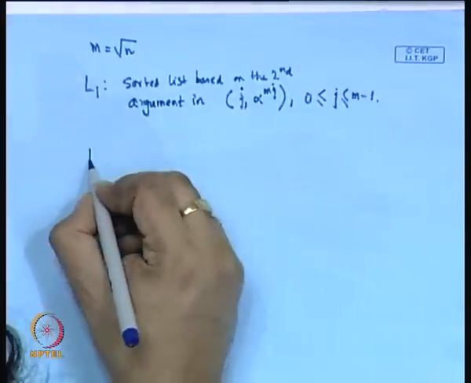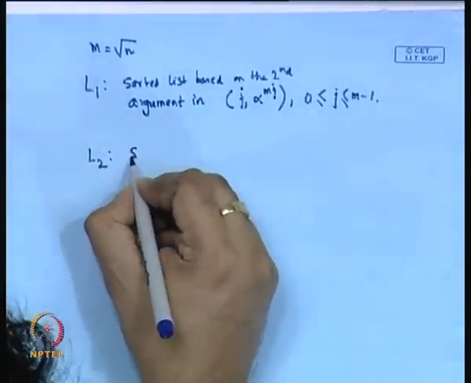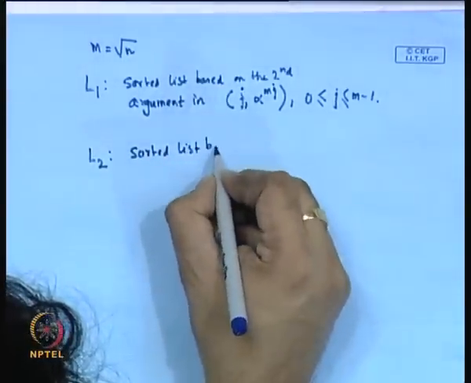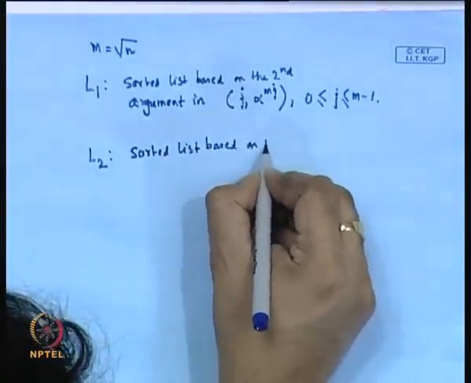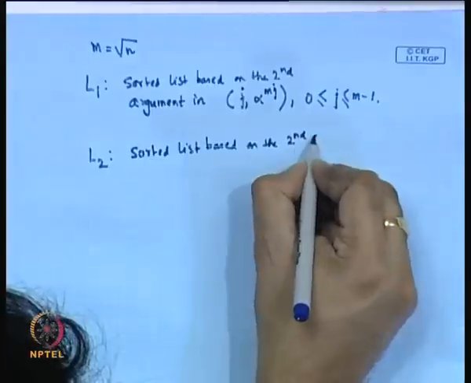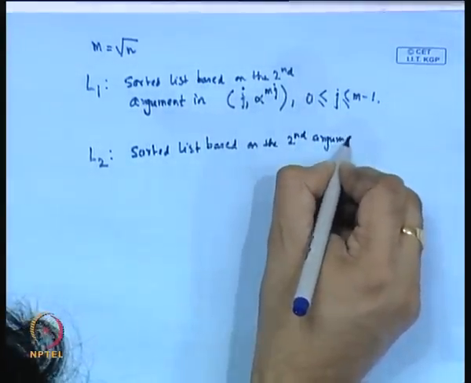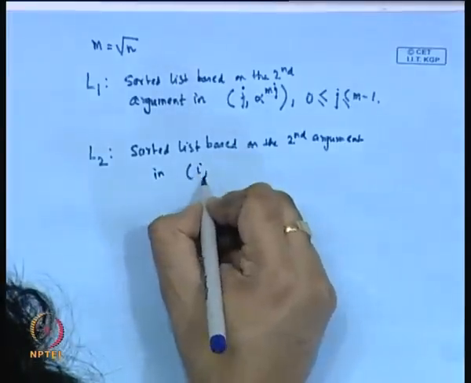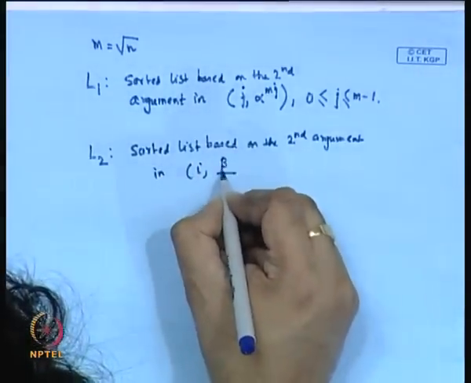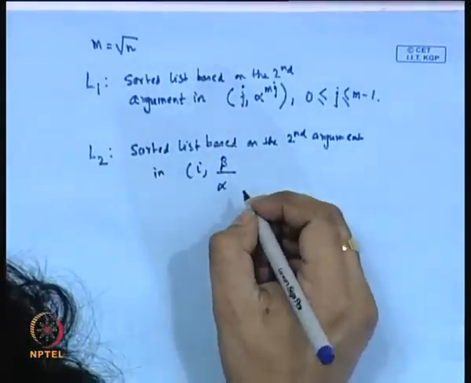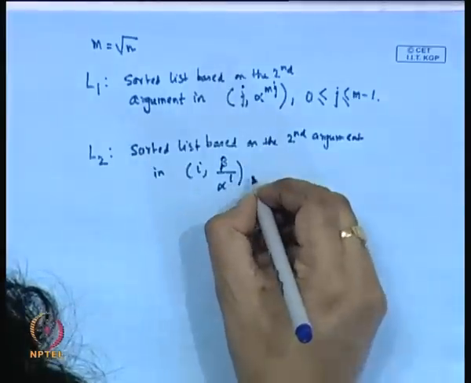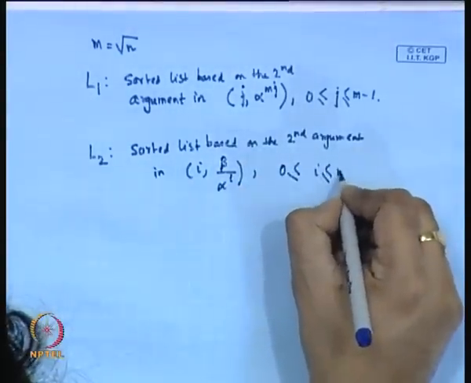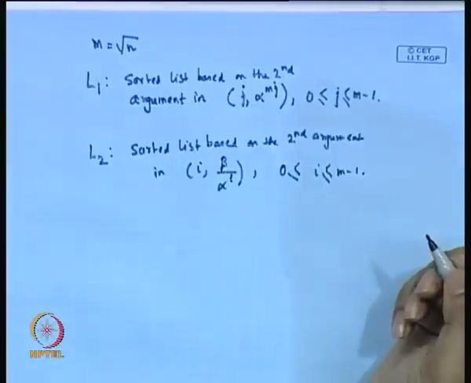The list L2 is made in a different way. It is the list sorted based on the second argument of (i, beta times alpha power of minus i). Here also your i ranges from 0 to m minus 1.